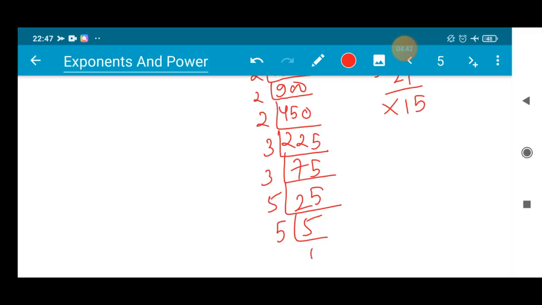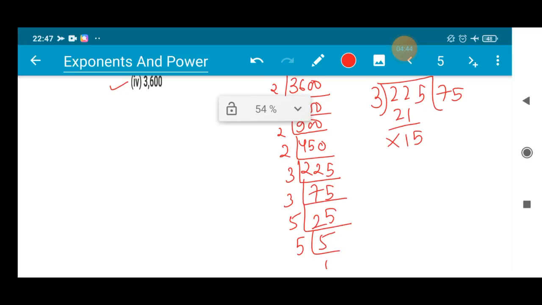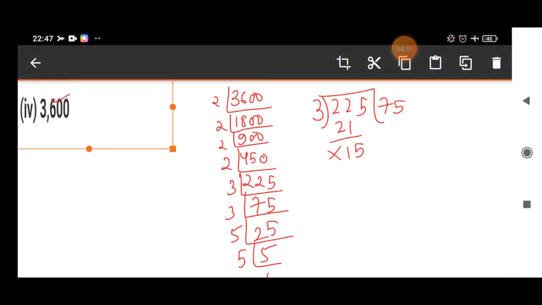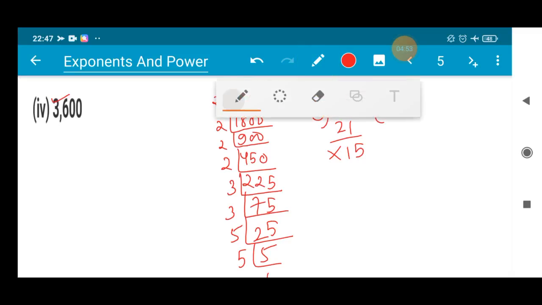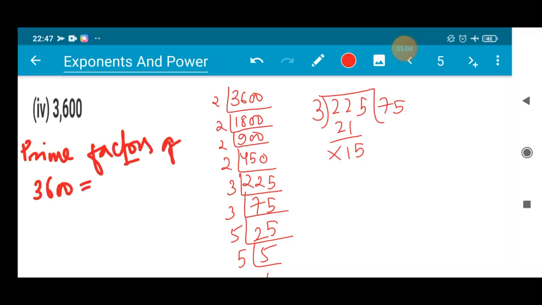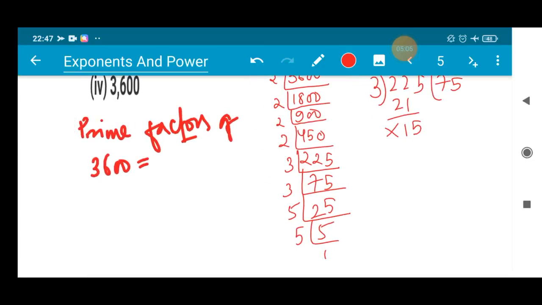So what is the number? The number here we have is 2, 4 times. Let me write. Prime factors of 3600 is equal to 2 how many times? 4 times. 2 into 2 into 2 into 2, 3 2 times, and 5 2 times.